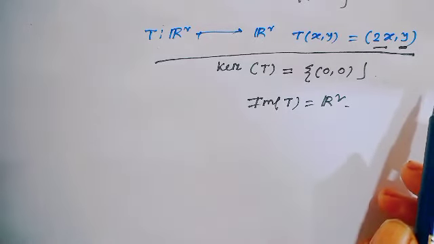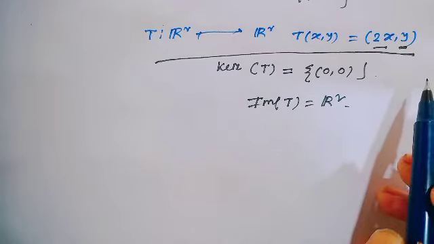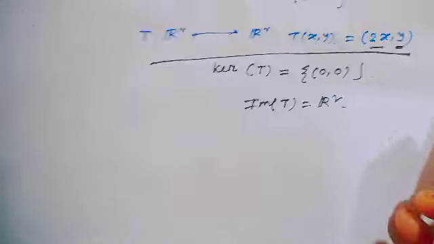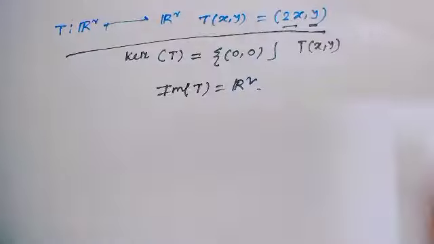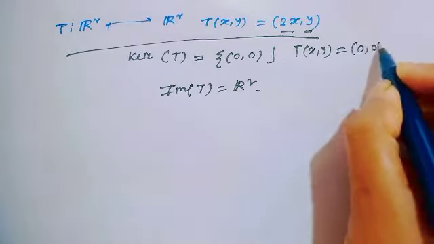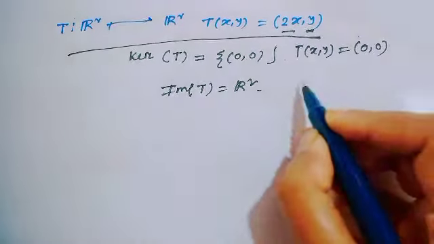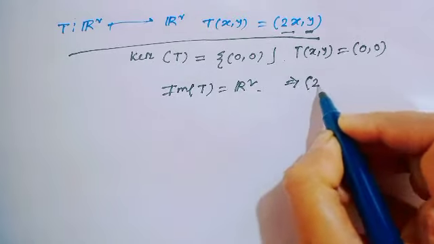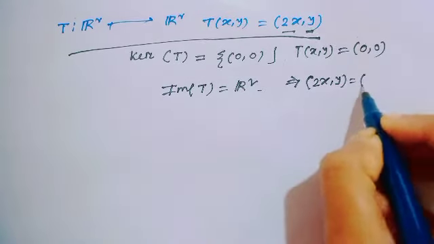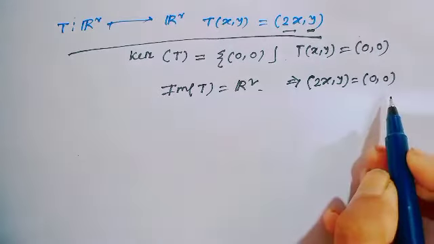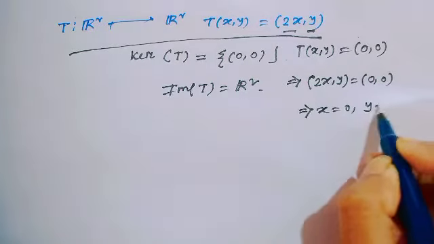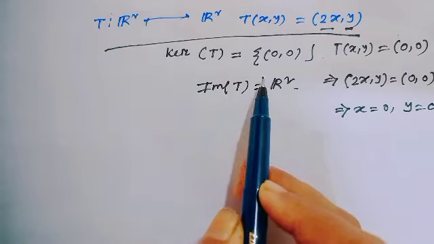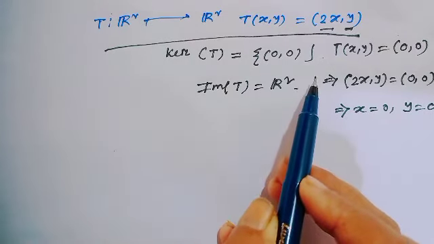Now let's verify the kernel. Kernel means T of (x,y) equals the zero vector (0,0) because this is mapped to R2. That means (2x, y) equals (0,0), and that implies x equals 0 and y equals 0. So kernel T contains only the (0,0) vector.